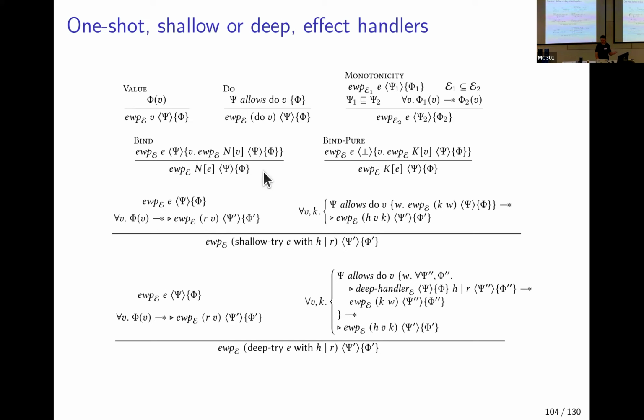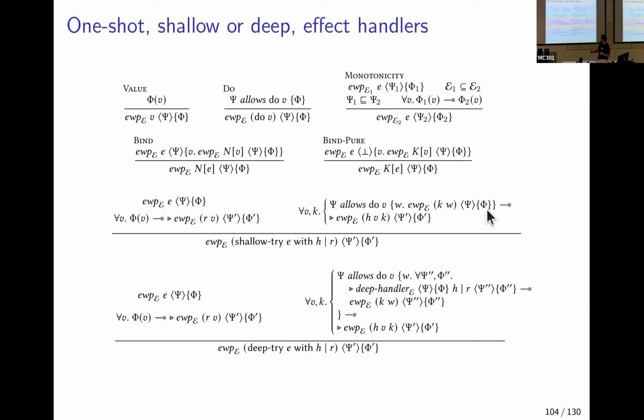When you have no handler, the bind rule is fine. When E is an evaluation context with no handler, then it's no problem. If you have any evaluation context, then you have the bind rule, but the E inside is forbidden to perform any effect.